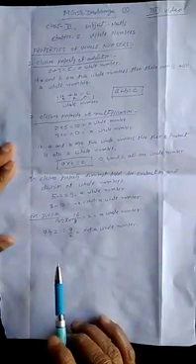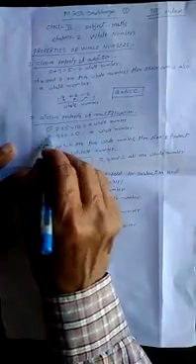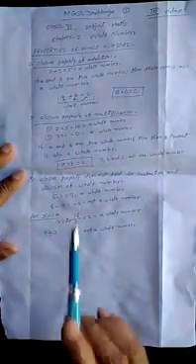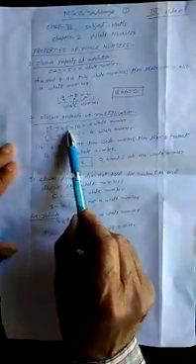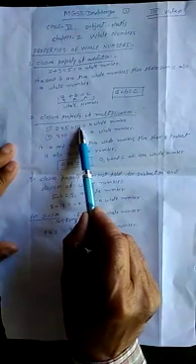Closure property of multiplication. In case of multiplication, the closure property also applies. In the first example, 2 into 5 is equal to 10, and 10 is a whole number. The second is 3 into 0 is equal to 0. Here 2 is a whole number, 5 is a whole number, their product 10 is also a whole number.